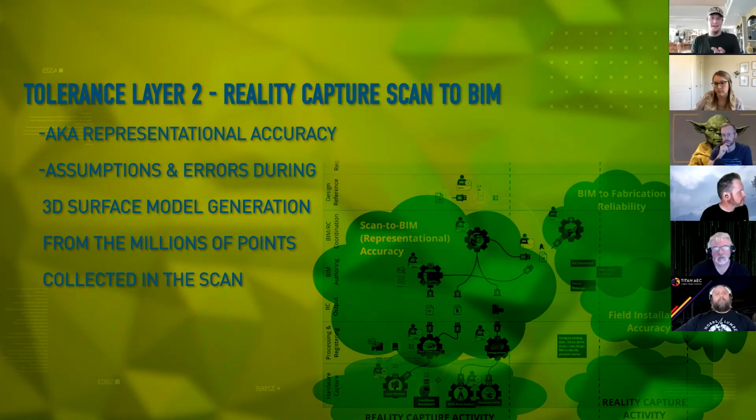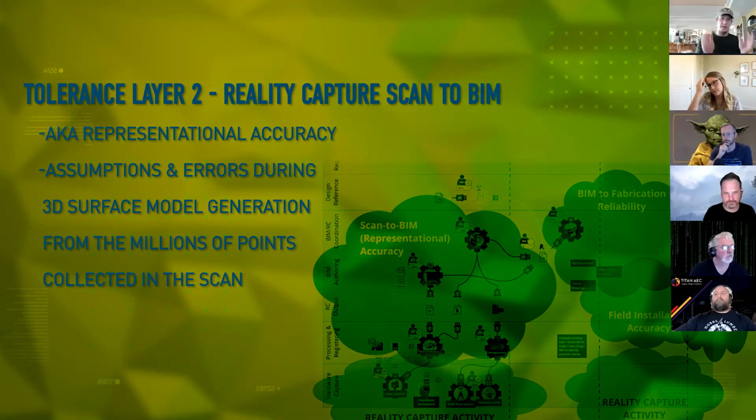It's a great tool for describing representational accuracy when modeling from reality capture data, whether it's scan data or photogrammetry data or somebody with a laser disto, doesn't really matter. It allows you to classify for each scope of work, just like LOD does, the acceptable tolerance or accuracy of representation based off the point cloud.